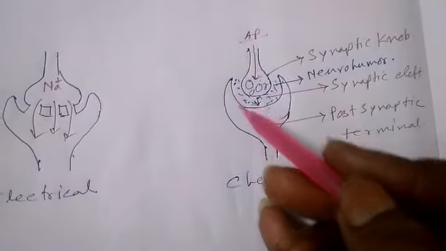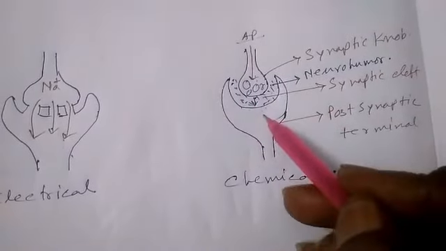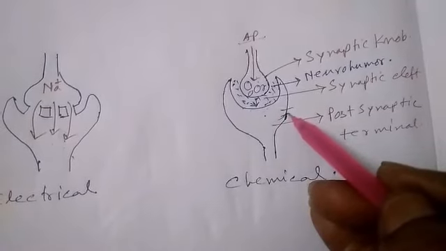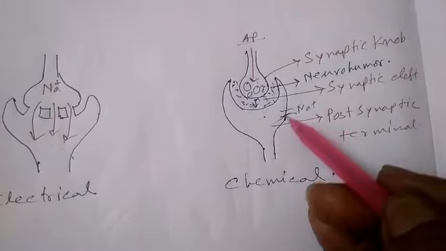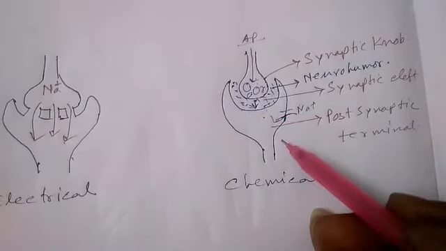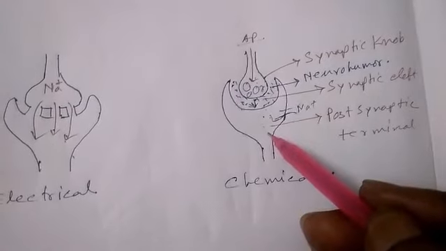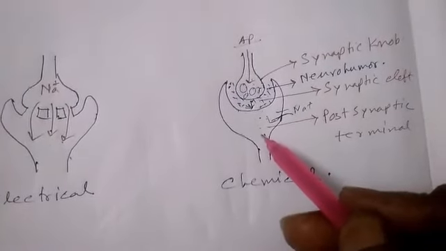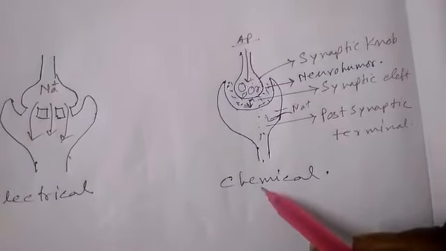Adrenaline and noradrenaline bind with their receptors and a depolarization occurs. Sodium ion channels are opened and a huge amount of sodium ion enters into the intracellular fluid. An action potential is generated and this action potential is transmitted through the postsynaptic terminal as a neural signal.